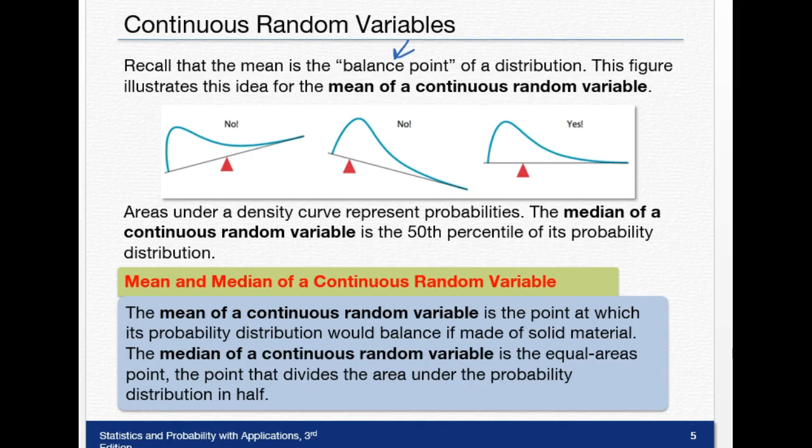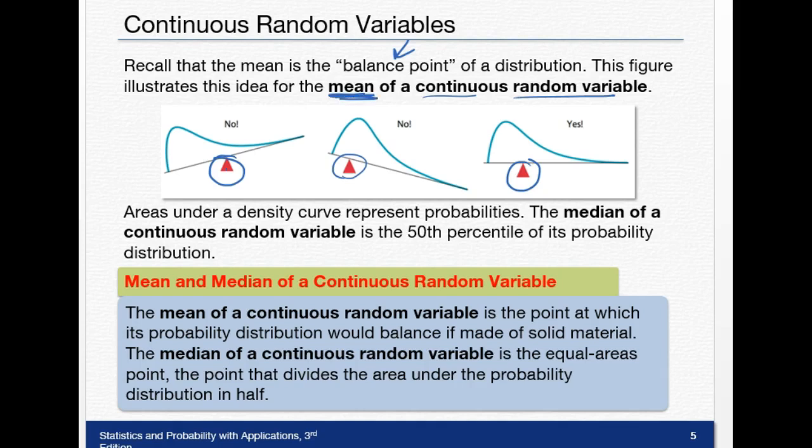Okay, balance point, that's a key thing. This figure illustrates the idea for the mean of a continuous random variable. So if I have these different curves, I want to find the value that is the mean. If I put it here, is that balanced? No. If I put it here, is it balanced? No. If I put it here, is it balanced? Yes, it is balanced there.